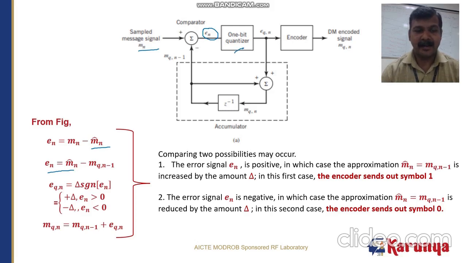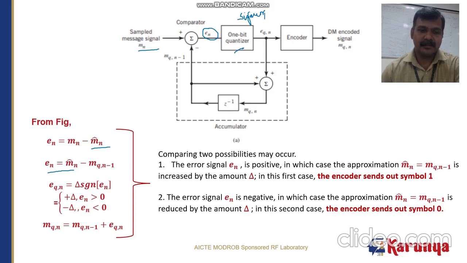So mathematically, we consider the quantizer function as the signum function. In Matlab, we have this function called signum function, right? So what will be the input for this signum function or the quantizer?